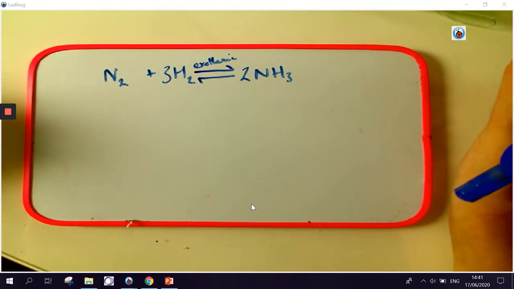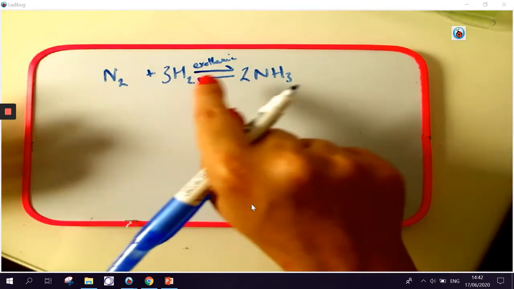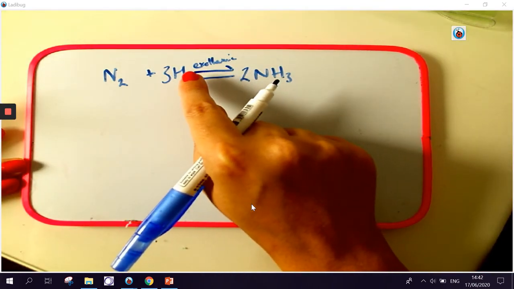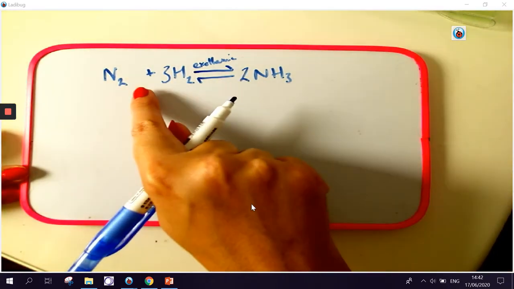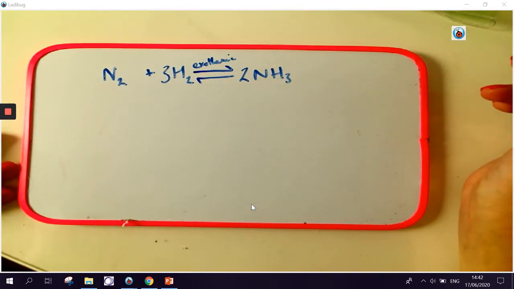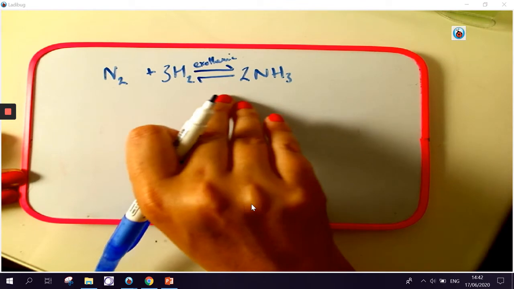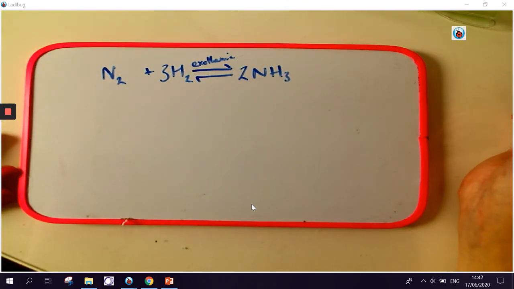Now, what I'm going to go through in this first video is how changing the temperature can shift the position of this equilibrium. So as you can see from the arrow, the forward reaction is the exothermic reaction. That means that this forward reaction will release energy as heat, whereas the reverse reaction will take in energy as heat.